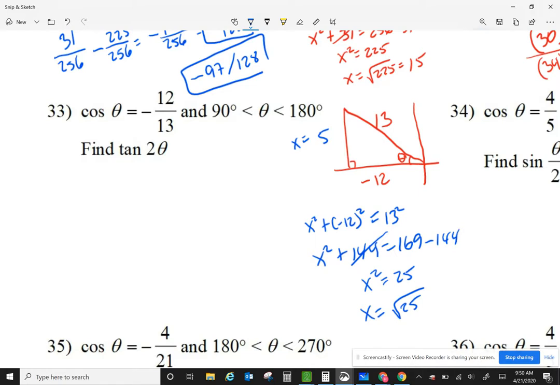Now that I have all three sides of my triangle, the rule that we know for the tangent of 2 theta is 2 times tangent of theta over 1 minus tangent squared of theta. So I have 2. Tangent of theta, I know tangent is opposite over adjacent, so 5 over negative 12.